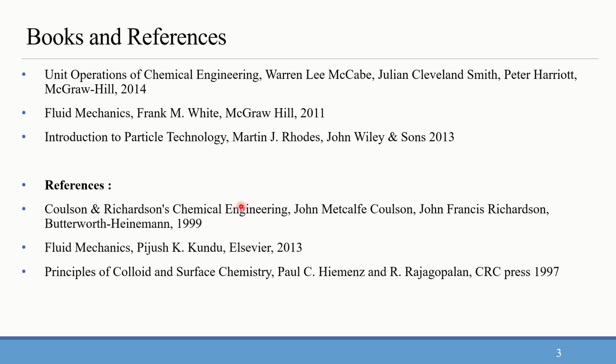And we have Principles of Colloid and Surface Chemistry, by Hiemenz and Rajagopalan, CRC Press, 1997. Lastly, we use Transport Phenomena by Bird, Stewart, and Lightfoot. This is another famous book which we would almost have used in our UG transport phenomena course, and wherever you go, you will use it at some point or the other.